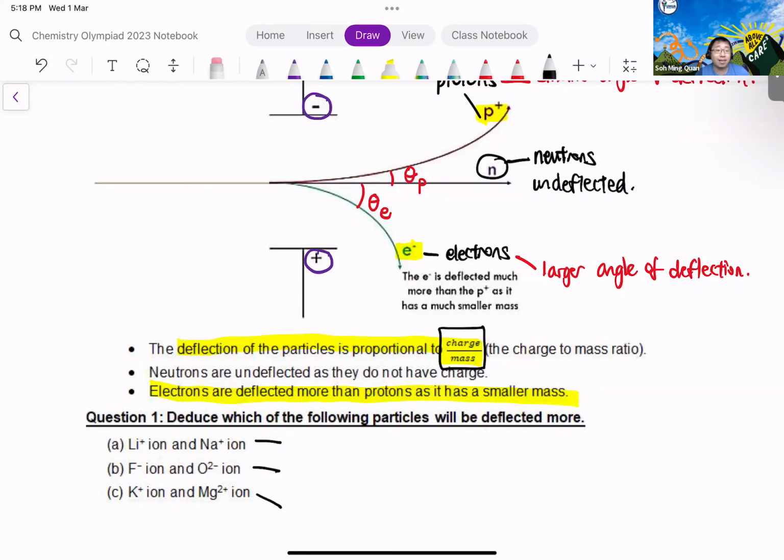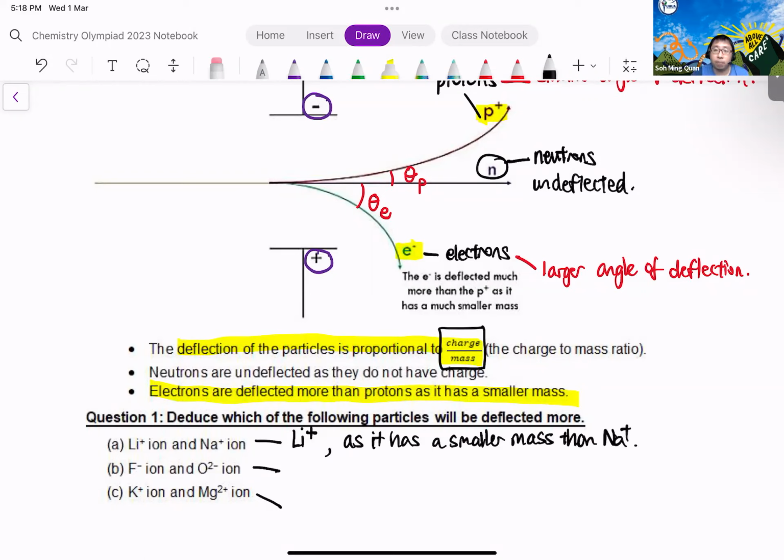So for 1A, which particle is deflected more? The answer is Li plus. Why? Li plus is deflected more as it has a smaller mass than Na plus.